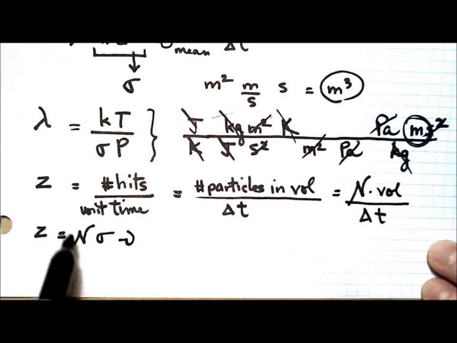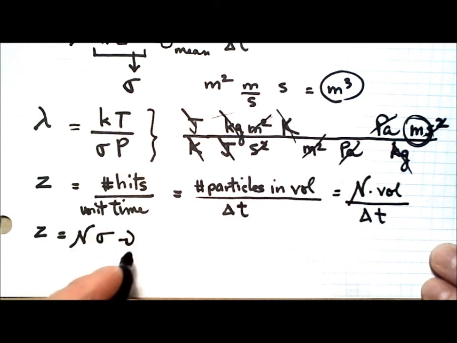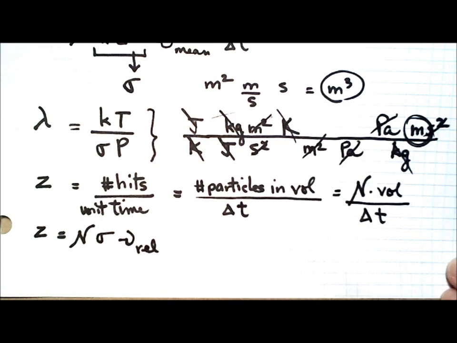But because this is a collision between two particles, it's a mean relative speed. And my two particles colliding are the same, so my relative mean speed is equal to root 2 multiplied by the mean speed. What was the formula? Times delta T.